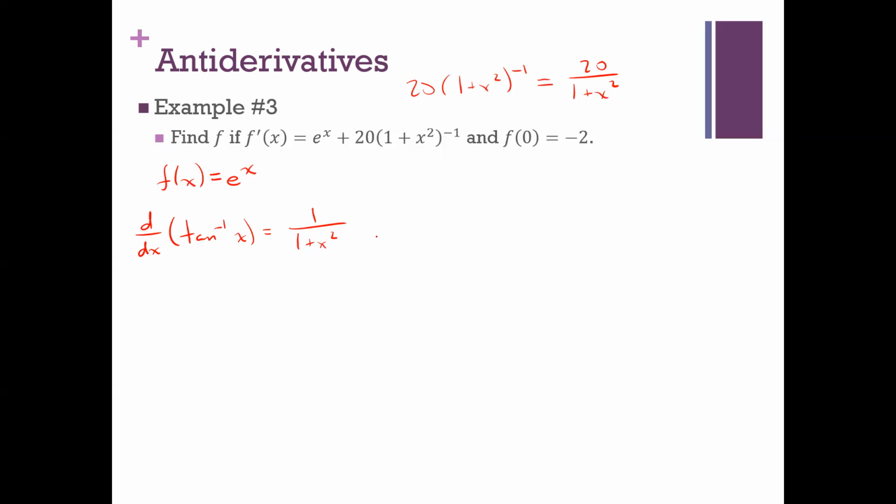So we're just going the opposite way. Then what is the antiderivative of this thing we're looking at? It's 20 arctangent x. All right, we good so far?